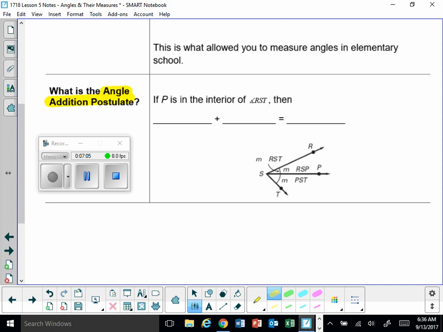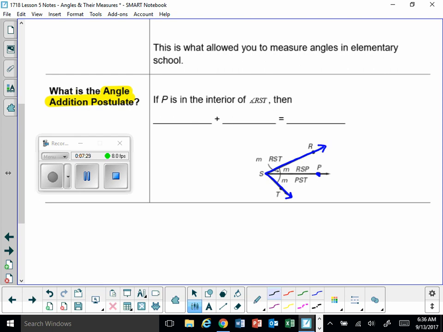Okay. But we have another addition postulate, and this one deals with angles. So this idea again of the part plus the part equals the whole is very important mathematically. In this case, point P is on the interior of angle RST.